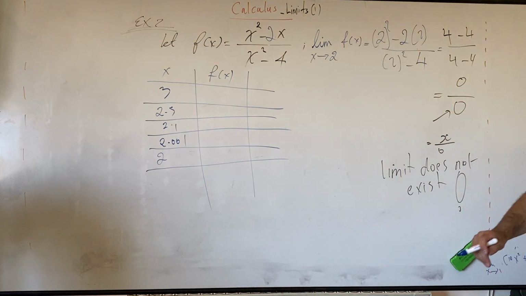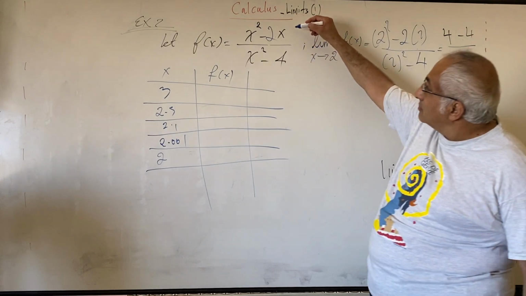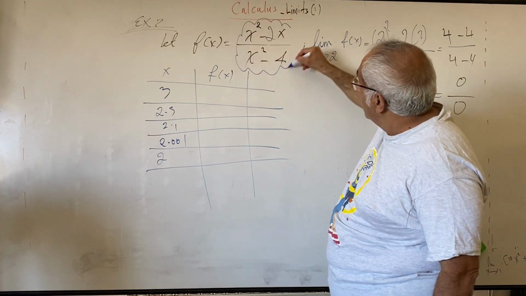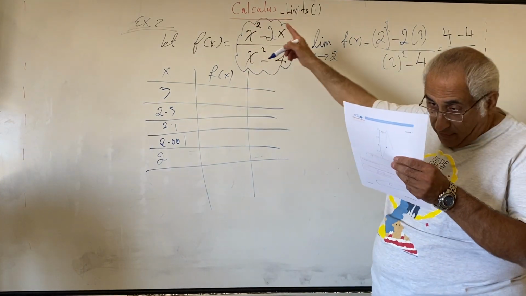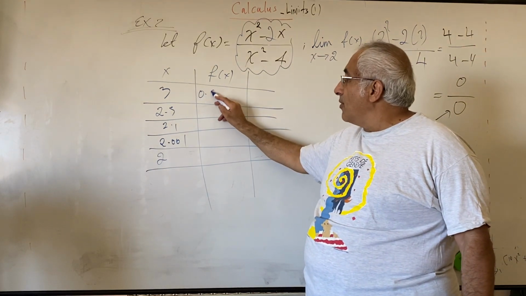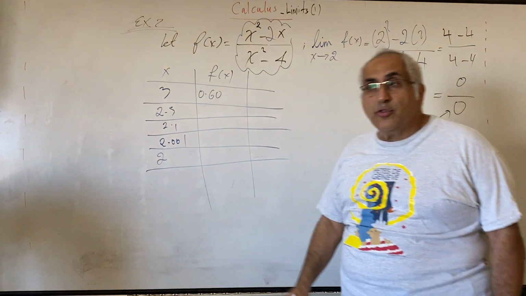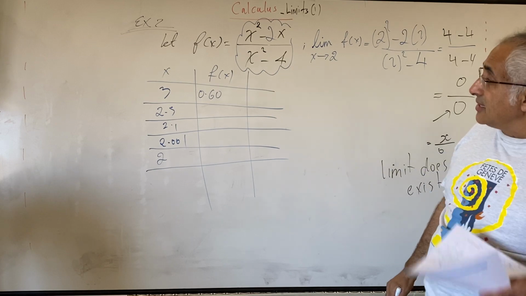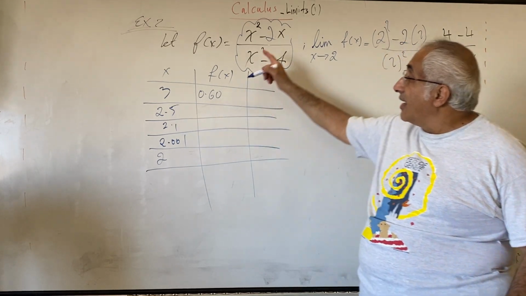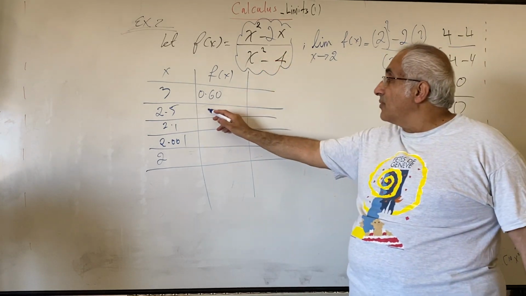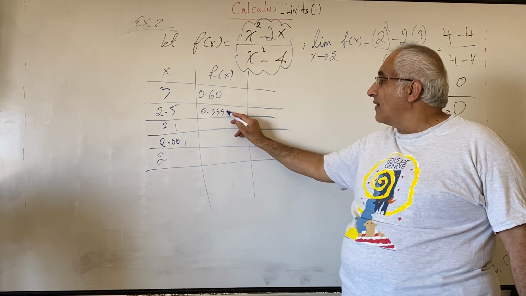Go ahead, take these numbers and plug them in that function. If I take the 3 and I plug it over there, I'm going to get something like 0.60. Try it with your calculator. And if I take 2.5 and substitute over there, you will have something like 0.55556.